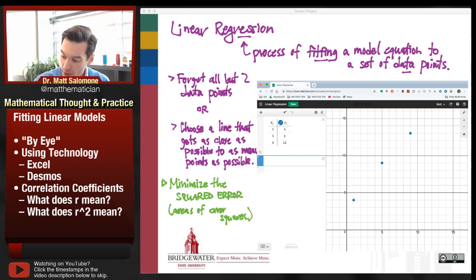So how do we use technology to find an equation for a line of best fit, a linear equation that gets as close as possible to as many data points as possible? So in Desmos, it's a fairly straightforward process.